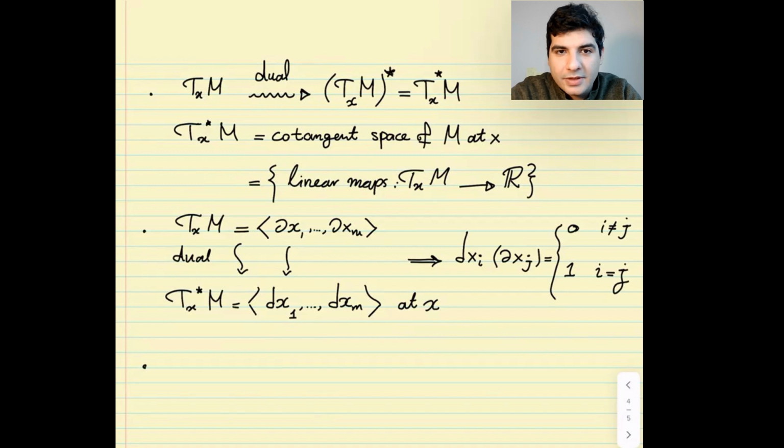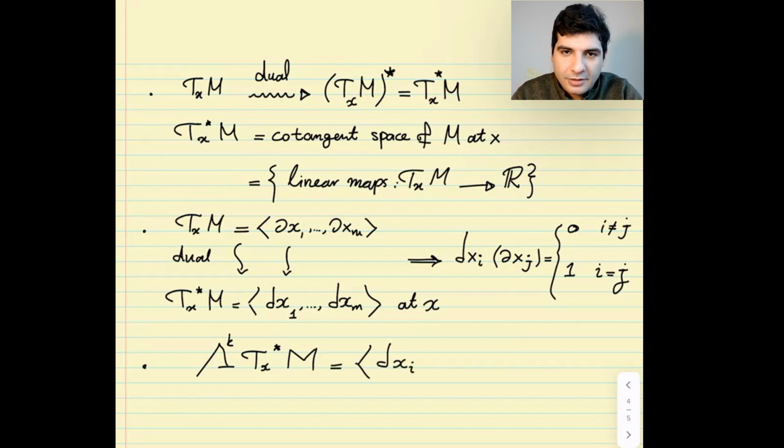Okay, with this definition, dx1 up to dxm form a basis for T star M. Using that, just like the case of linear spaces, we can construct a basis for lambda k T star of M at x. They are generated by the wedge product of these linear maps: dxi1 wedge up to dxik, for some ordered set of indices i1 up to ik.